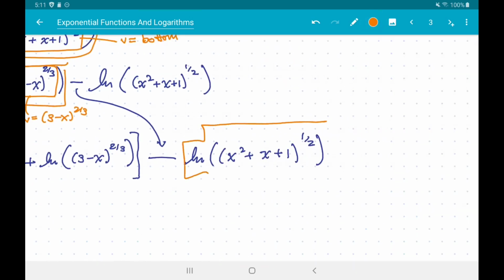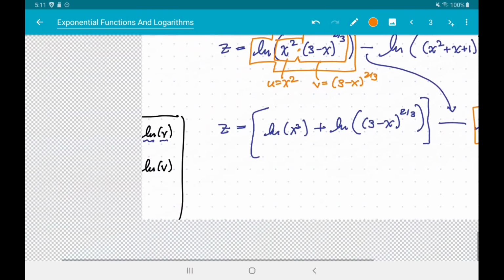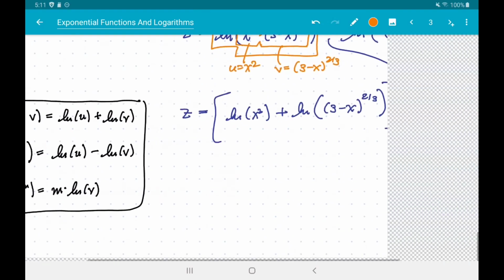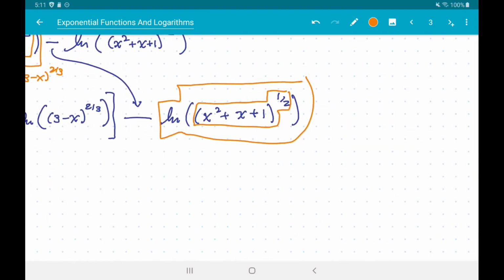Again, there's ln applied to something. What is it applied to? Well, there's all this stuff here in parentheses, and then there's power 1/2. So we need to think of this as ln of power 1/2 applied to something. Okay, looking at our rules, of these rules, which one can we apply over here?